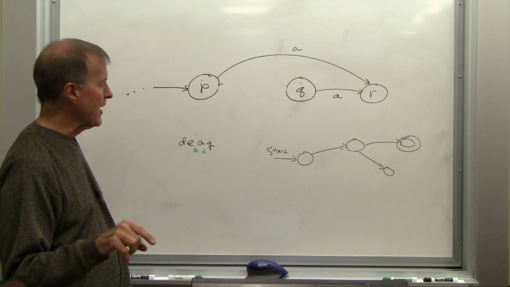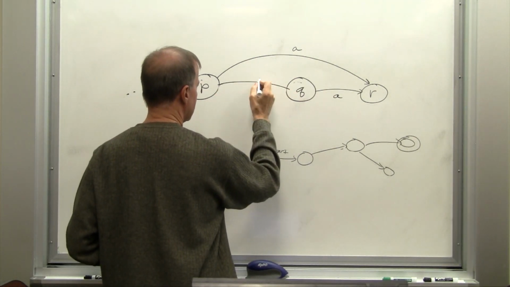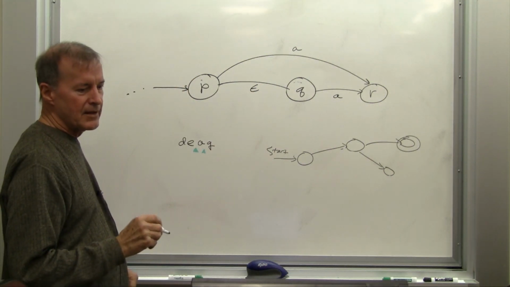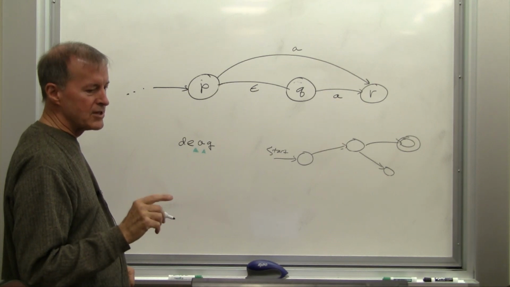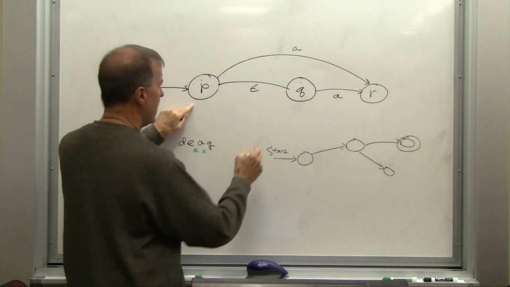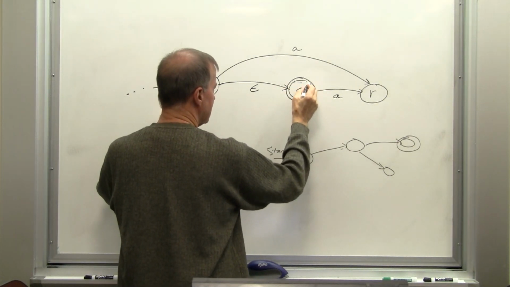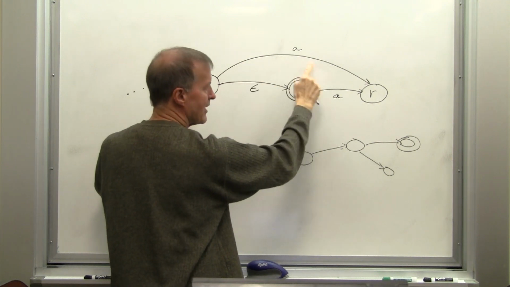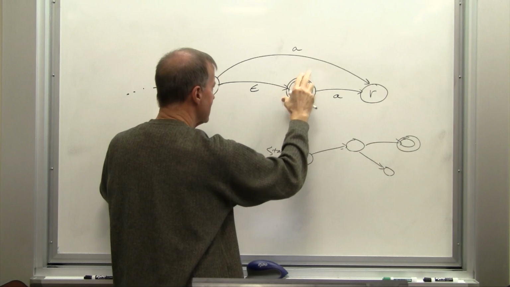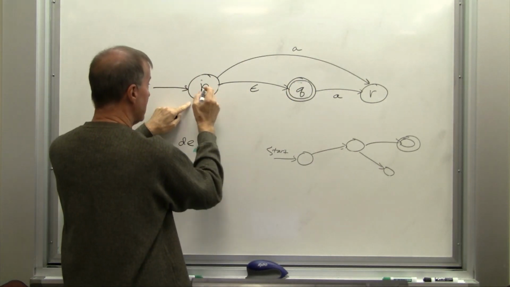Now there's one more rule. If Q is a final state, so here you know what we had before we eliminated this, we had the empty transition here. So here, if Q is a final state, you have to make P a final state also. So now why is that? See, if Q is a final state, and you eliminate the empty transition by inserting this one and deleting this, if this is a final state, when you eliminate this, what has to happen?